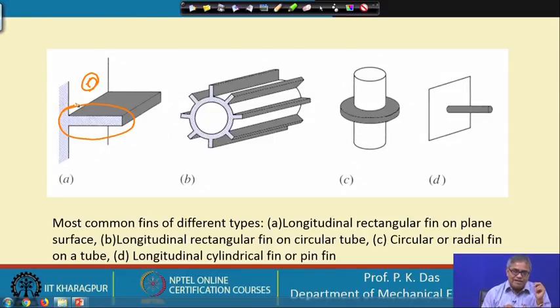As I have earlier told, it is a conductive convective system. So, let us understand why I have told this. Initially I had a surface like this.